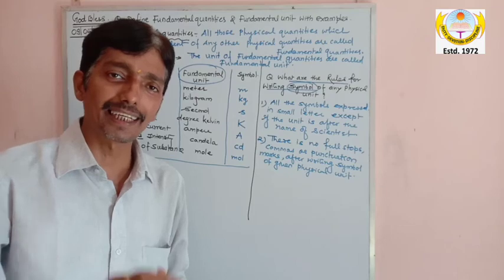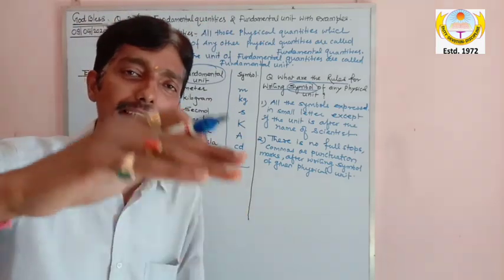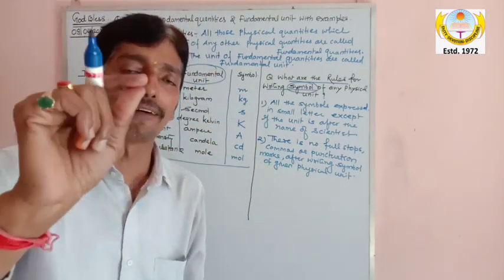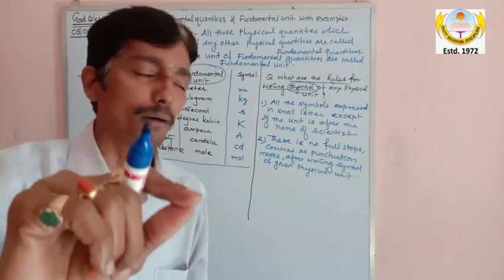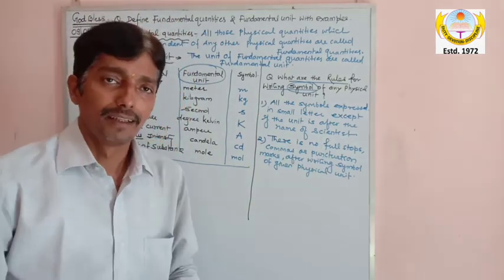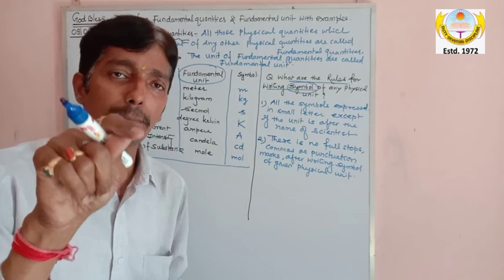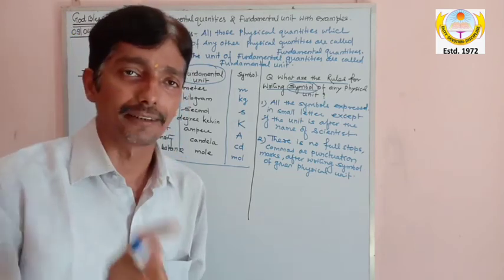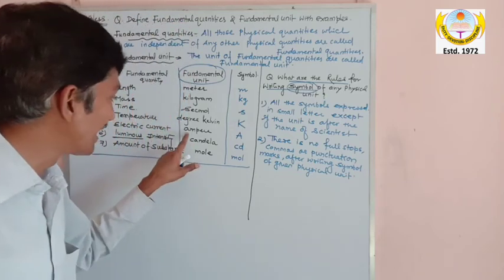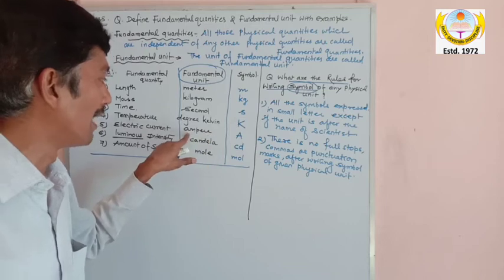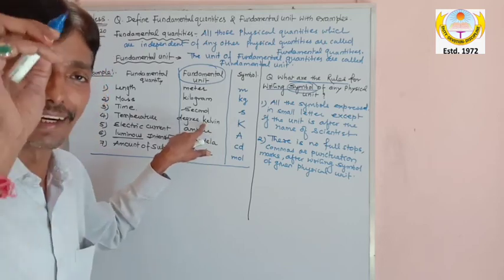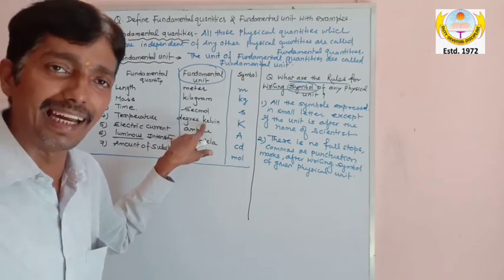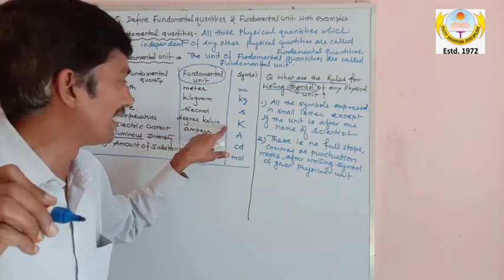So what was the first rule? All the symbols for the units are in small letters, except if it is named after a scientist. Because if it is named after a scientist, the symbol will be represented by a capital letter. And the entire name of the scientist is written in small letters. You can see Kelvin, the entire Kelvin is written in small letters.